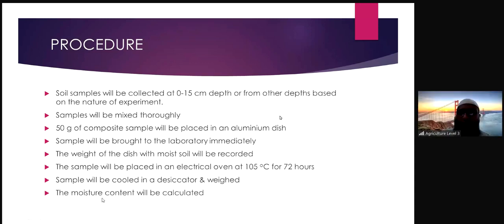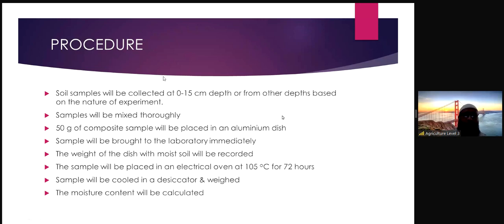So based on the nature, our sample collection could be different. We may want to determine simply water content in the surface soil, or we may want to determine the water content between surface and subsurface soil, based on the nature of the experiment, and we may want to determine moisture content in different types of soil.